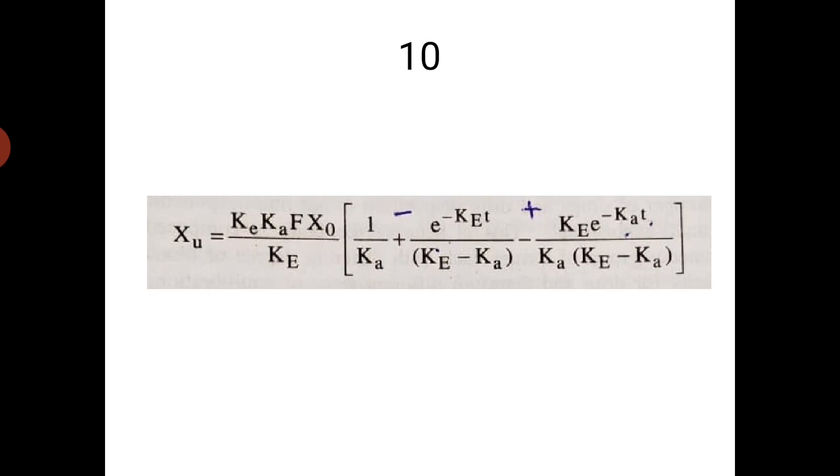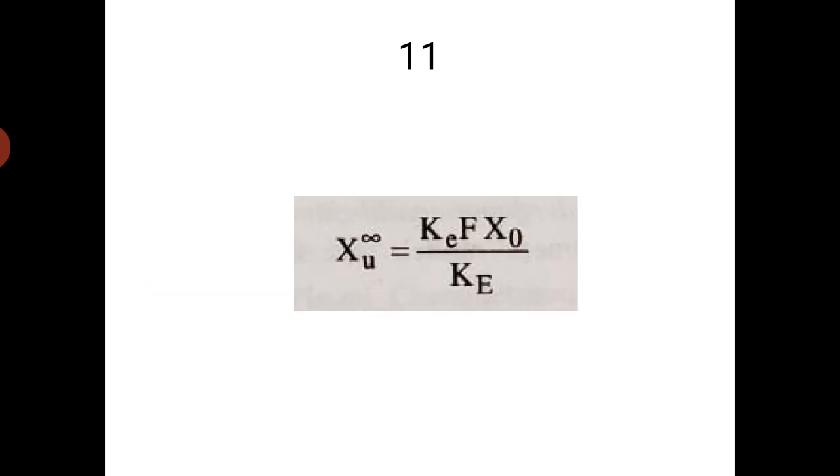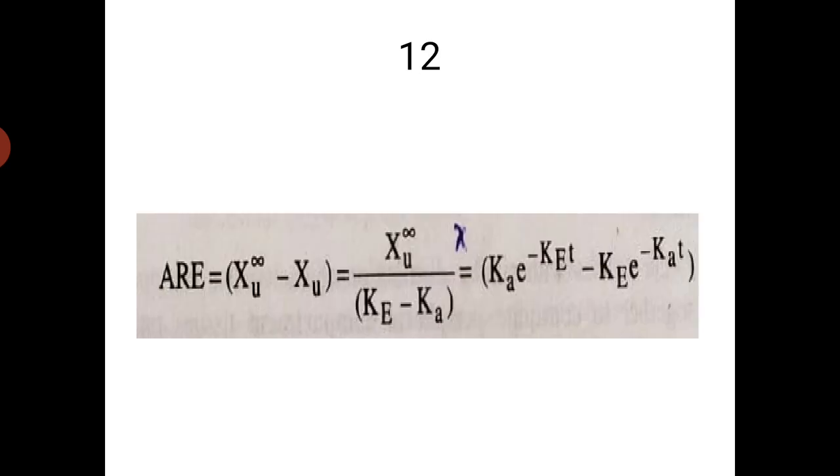In this equation, the terms e raised to minus Kat and e raised to minus Ket become 0. Finally, Xu infinity becomes Ke F X0 by Ka. Substituting this equation in the previous equation as Xu infinity, upon simplification you will get AR, that is Xu infinity minus Xu equal to Xu infinity divided by Ke minus Ka into Ka e raised to minus Ket minus Ke e raised to minus Kat.